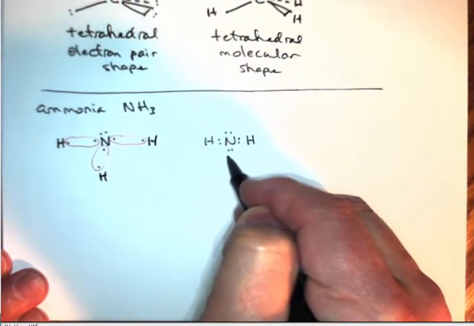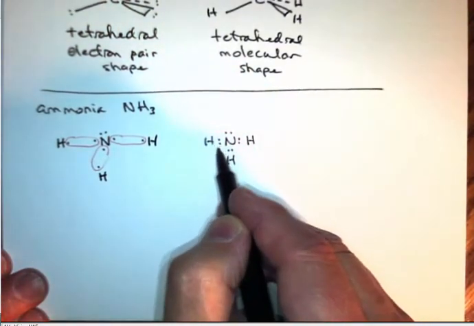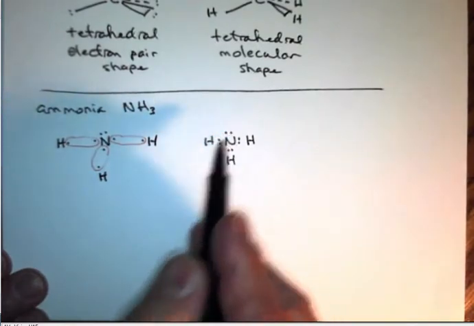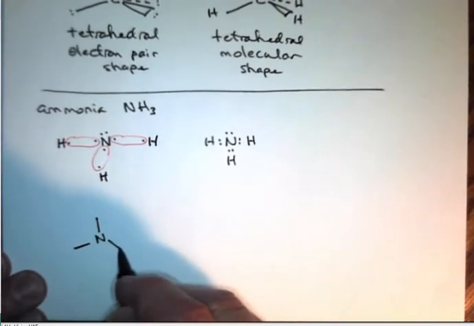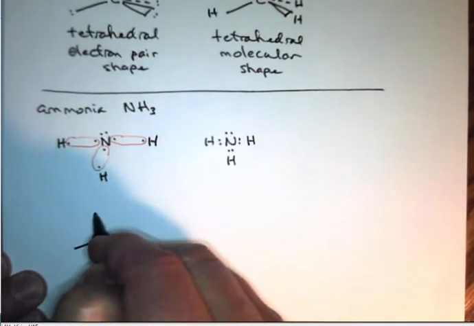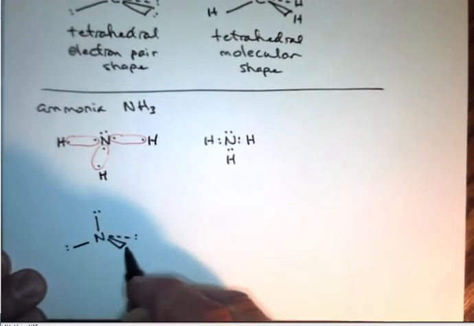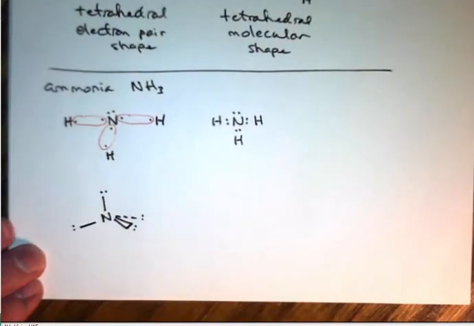So we've got 3 sets here that are all shared and 1 set that's not, for a total of 4 sets. That means I need a tetrahedral. So I've got a tetrahedral electron pair shape.